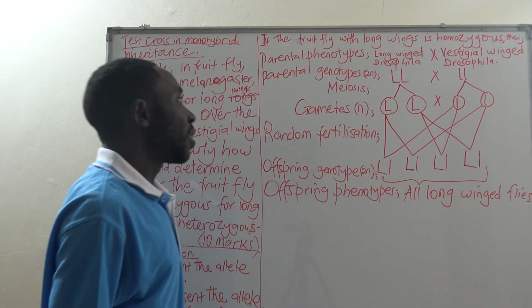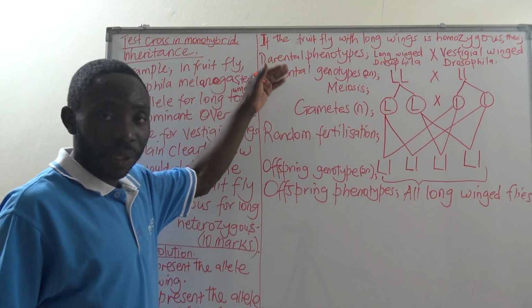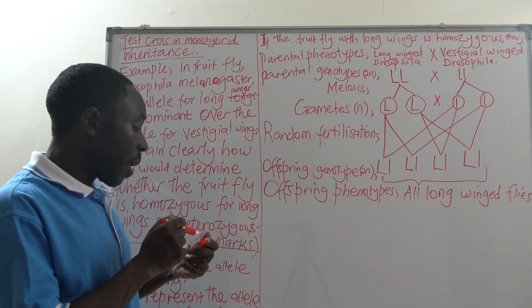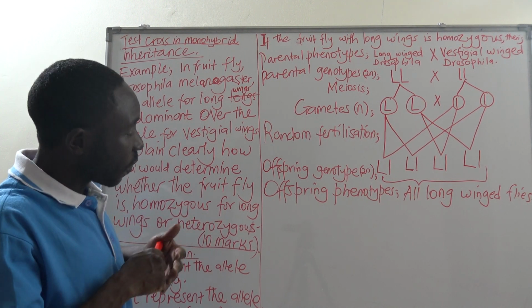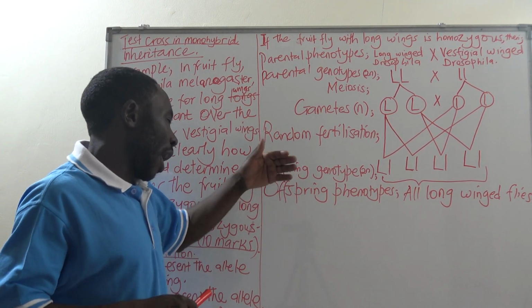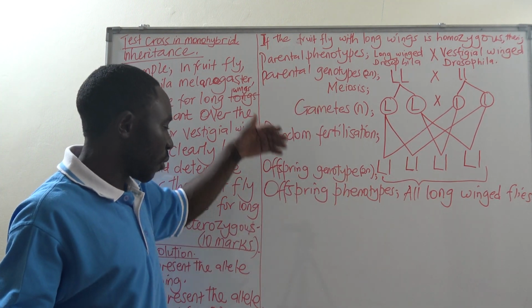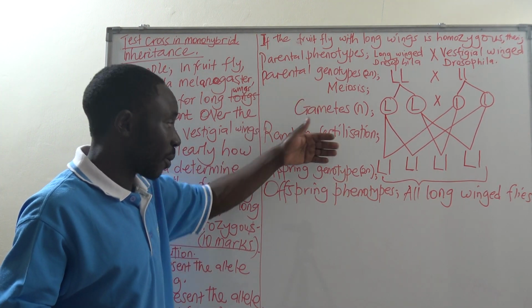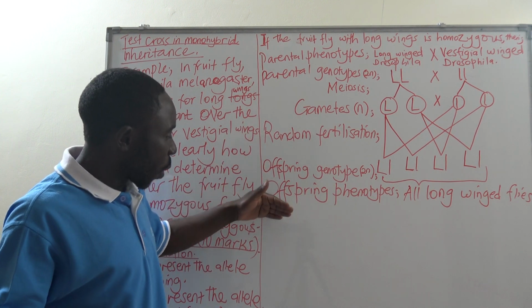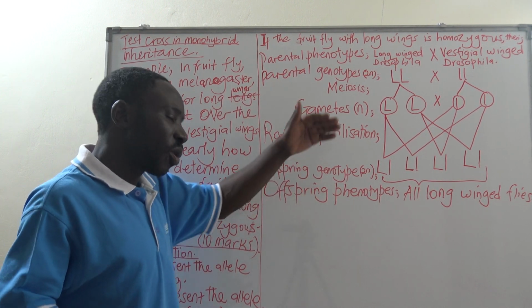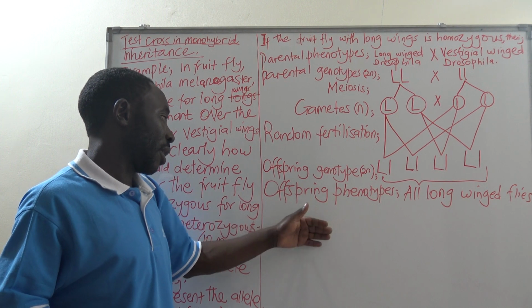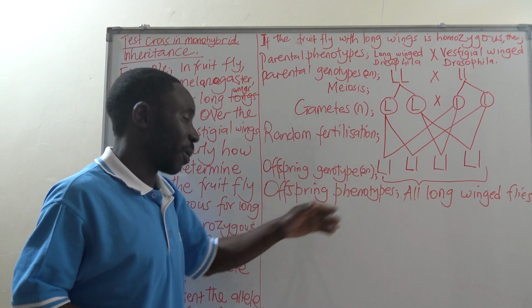So that is the first case of the test cross. When you are writing the genotypes of the offspring, you can as well write test cross genotypes if you don't write offspring genotype. Or you can write test cross phenotypes instead of offspring phenotypes.